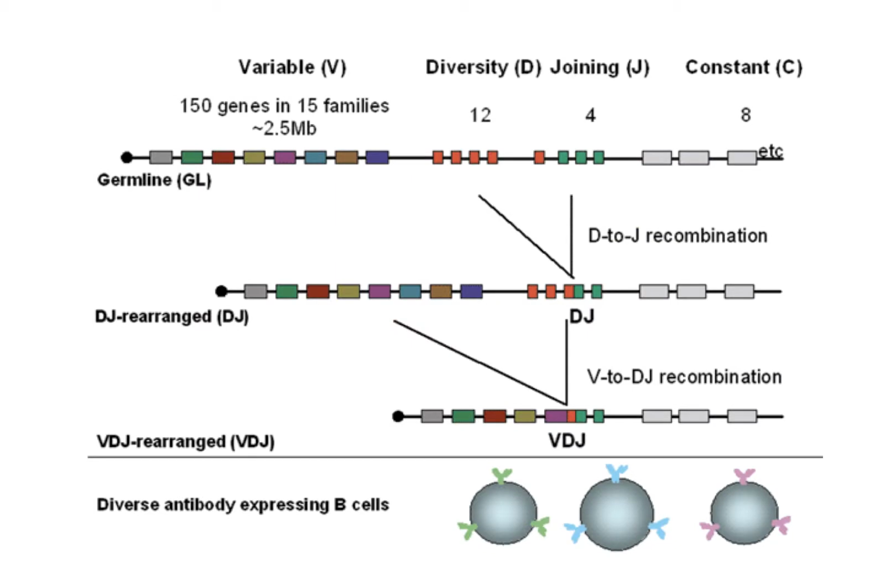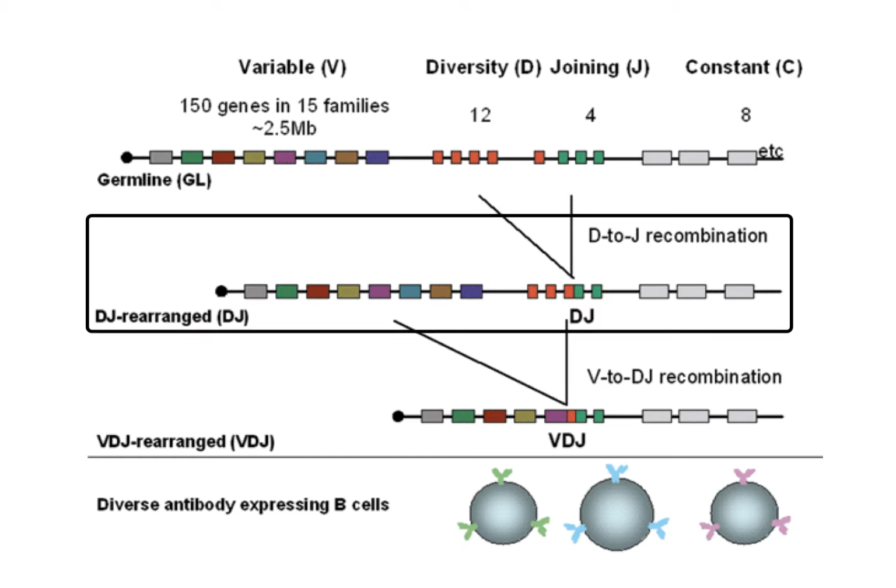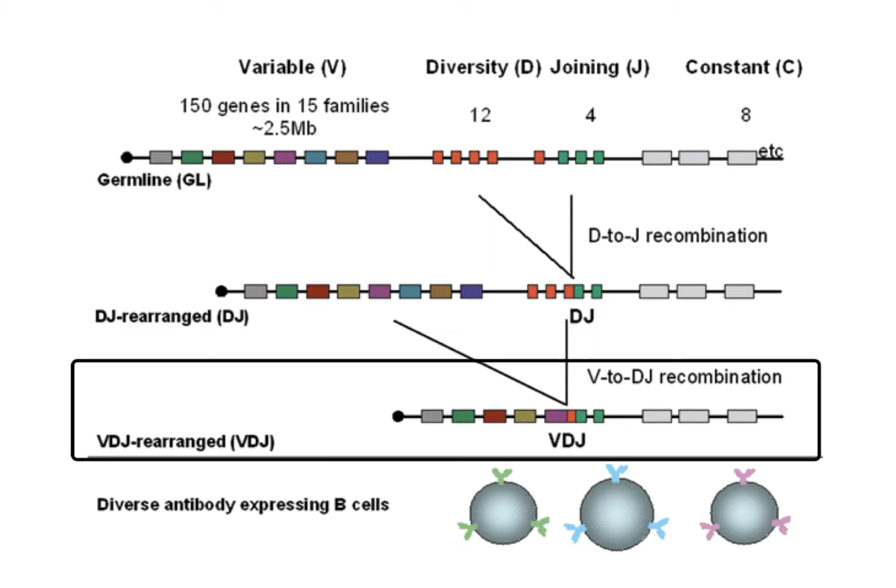And here's a slightly different version of the same thing, showing that there's 150 genes in 15 families, about 2.5 million base pairs long. There are at least 12 versions of the D regions and 4 versions of the J region, and then 8 versions of the constant regions. And so the first recombination event is early in development, and then a second recombination event later in development.